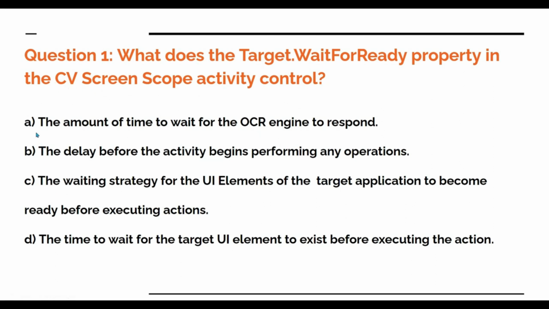Options are: the amount of time to wait for the OCR engine to respond; the delay before the activity begins performing any operations; waiting strategy for the UI elements of the target application to become ready for executing the action; Option D, the time to wait for the target UI element to exist before executing the action. Now, these questions can be slightly confusing, but if you know target dot wait for ready, what it does, you'll be able to answer this question.